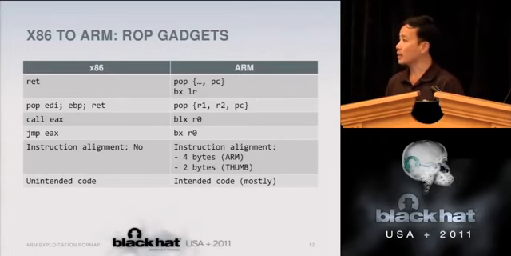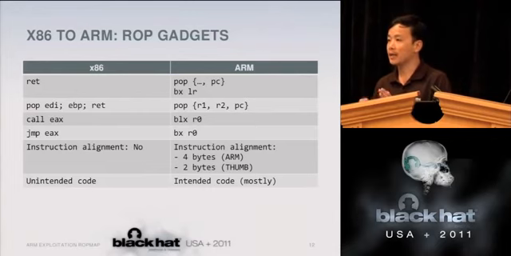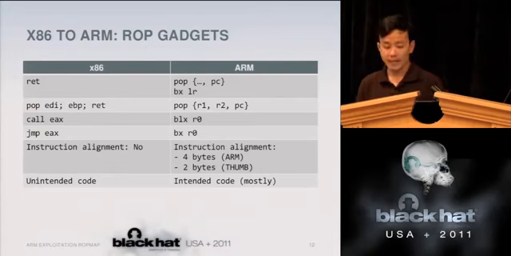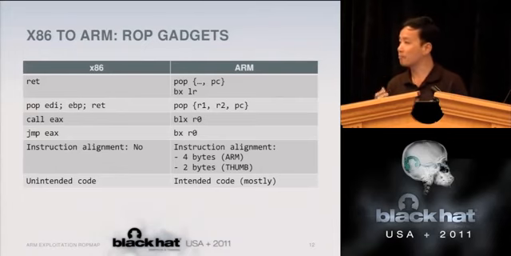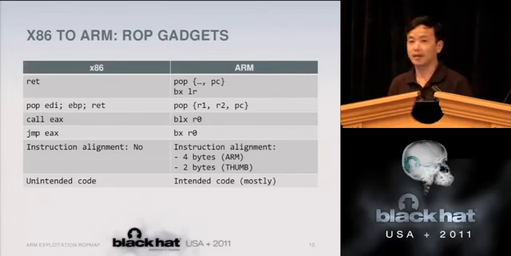In ARM architecture, it's a bit different. Instructions are aligned every 4 bytes or every 2 bytes, depending on ARM mode or thumb mode. So most of the gadgets on ARM you can find from intended code. That's why objdump or otool will work for you.